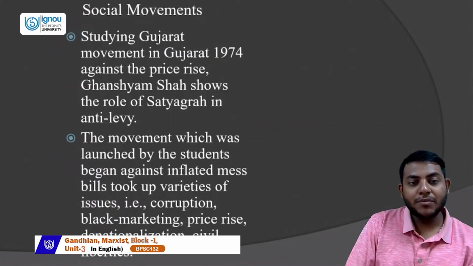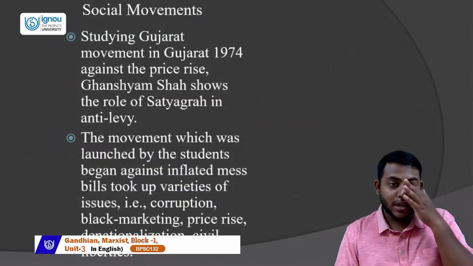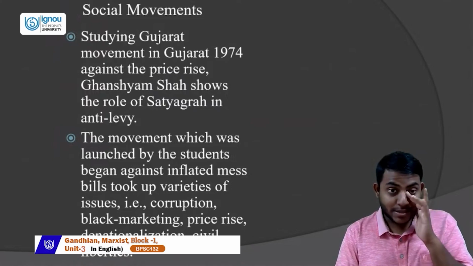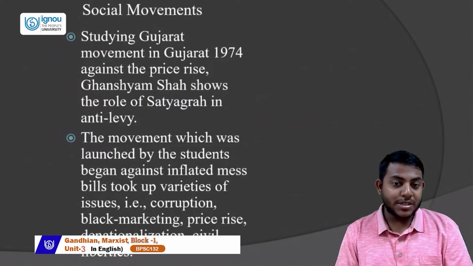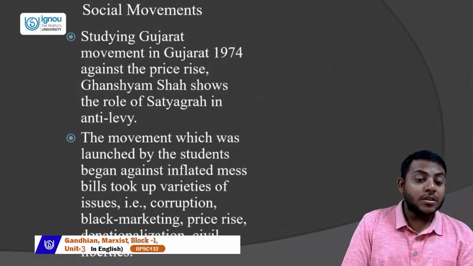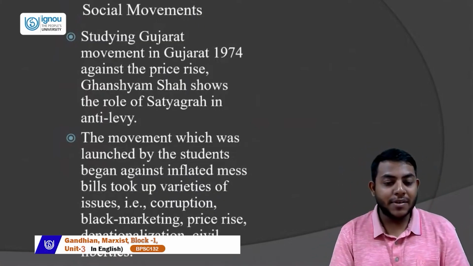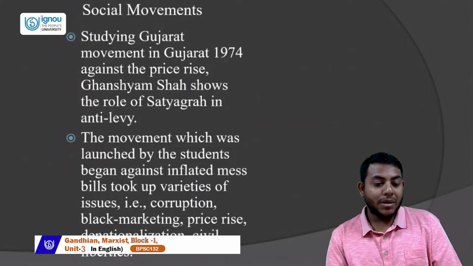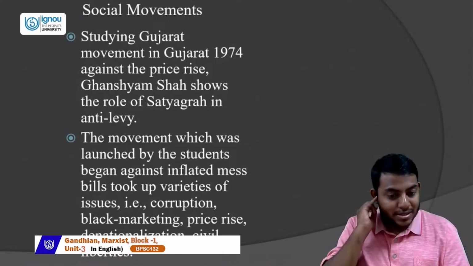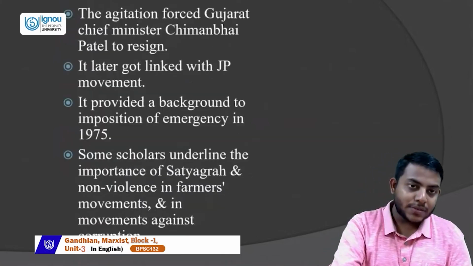Now let us discuss some of the Gandhian social movements. Studying the 1974 movement in Gujarat against the price rise, Ghanshyam Shah shows the role of satyagraha in it. The movement was launched by students against inflated mess bills, and took up varieties of issues, that is, corruption, black marketing, price rise, denationalization, civil liberties.